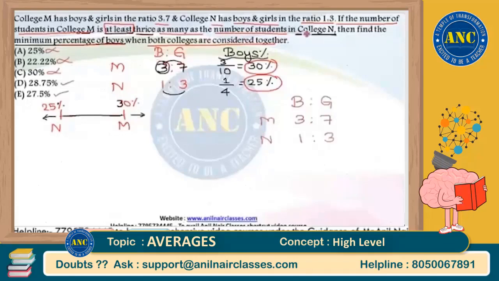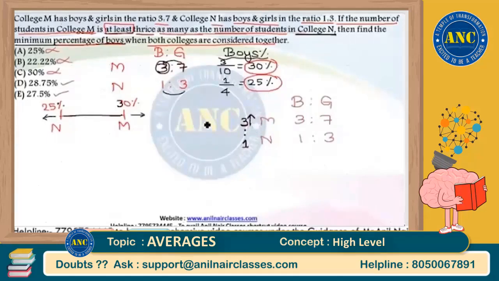It is also given that the number of students in college M is at least 3 times the number of students in college N. That means if college N has 1 student, college M should have at least 3, or it can be more than 3 also. So the ratio of students in college M and N is 3:1 minimum, or more than 3:1. That is what you should understand from the statement.